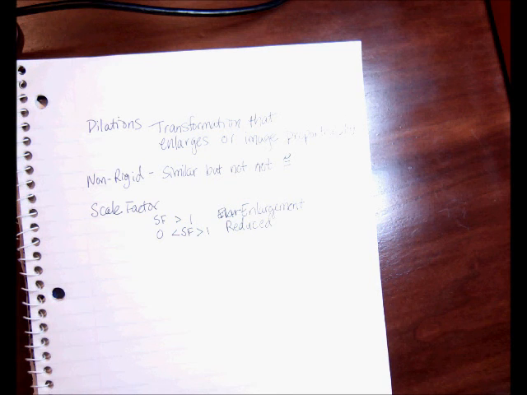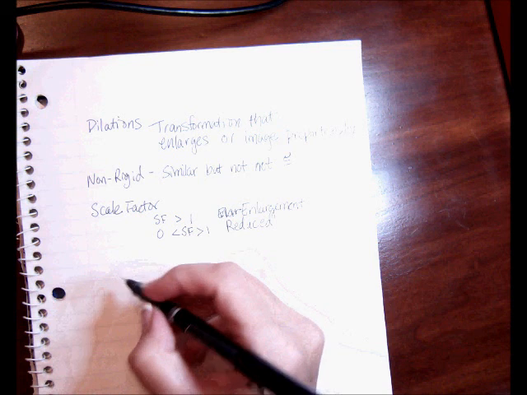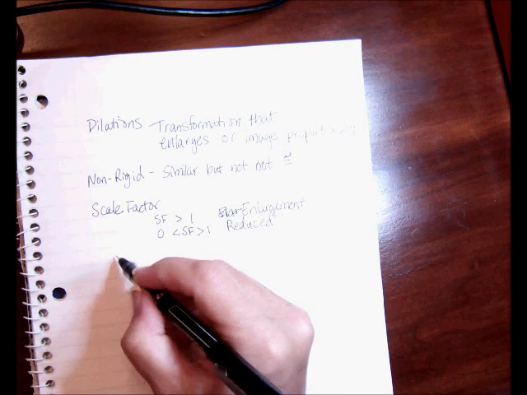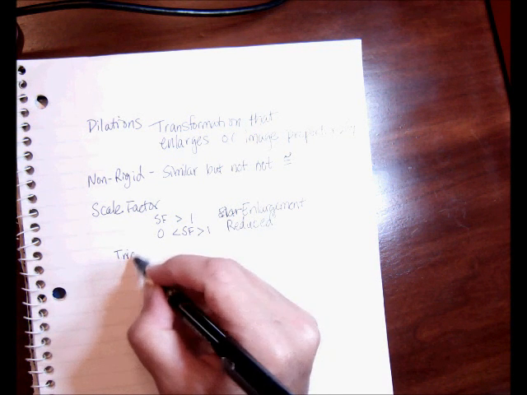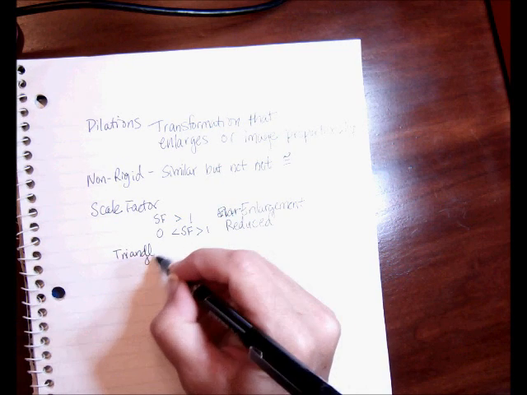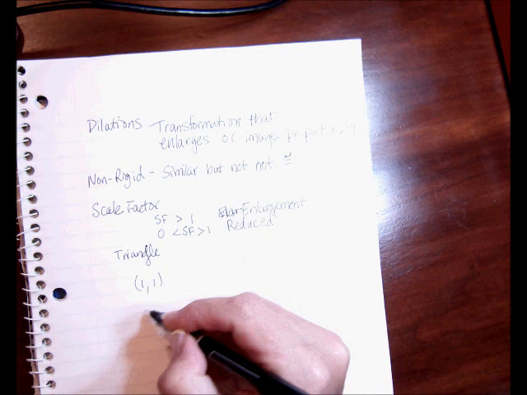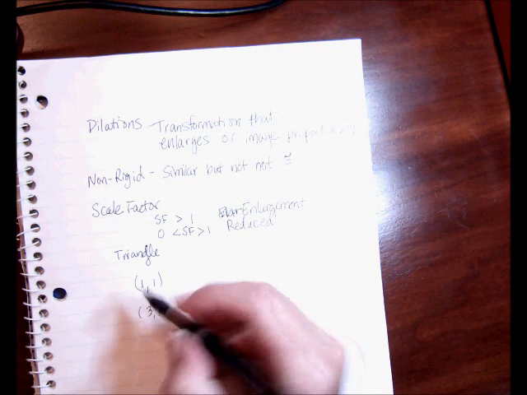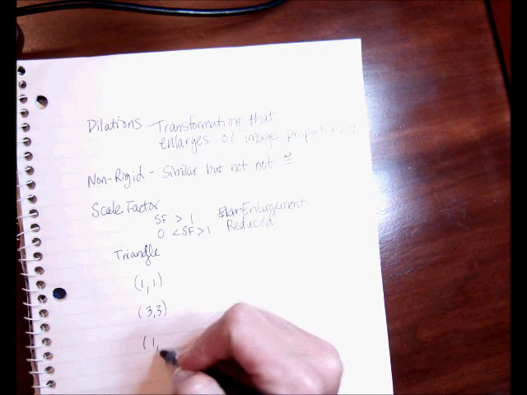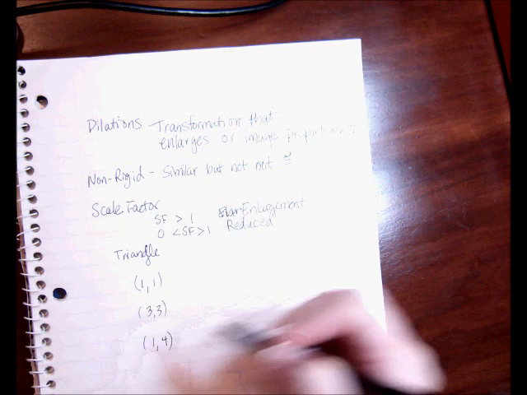So another part of this is when we have coordinates. And let's say we have a triangle, and the coordinates are (1, 1), (3, 3), and (1, 4).